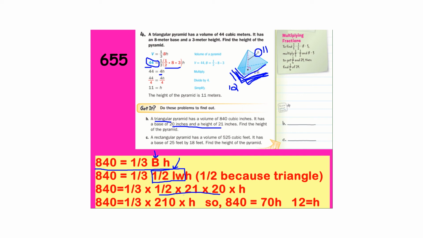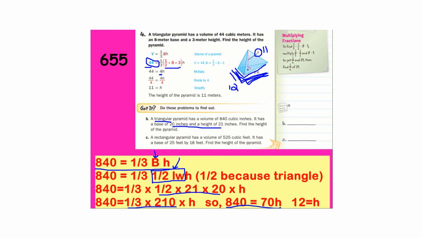So basically it's 21 times 10, times the height, and then that's 1/3 of that. So 1/3 of 210 is 70. So 840 equals 70 times h. Divide 840 by 70, and you get 12.